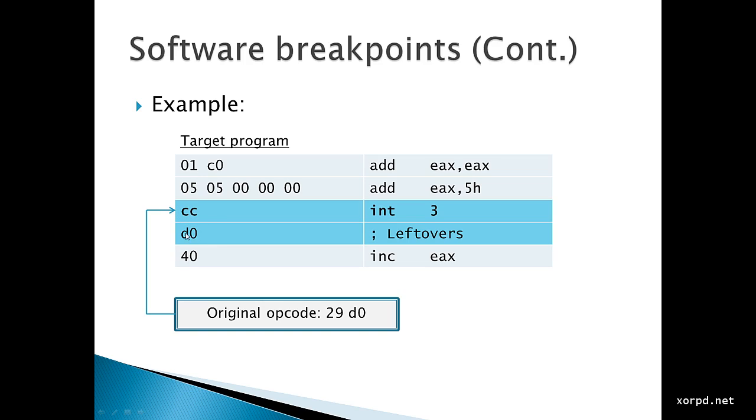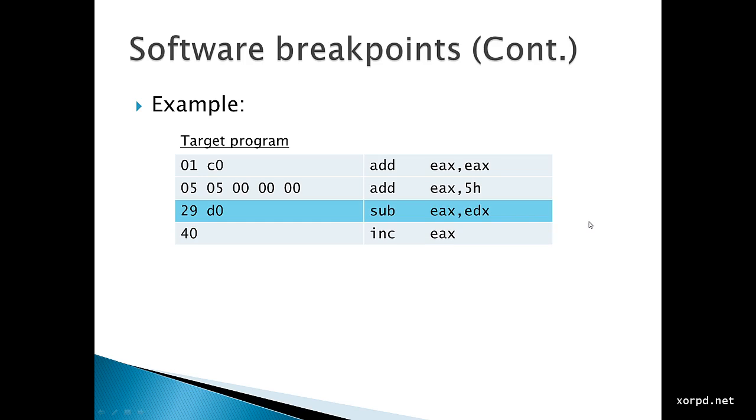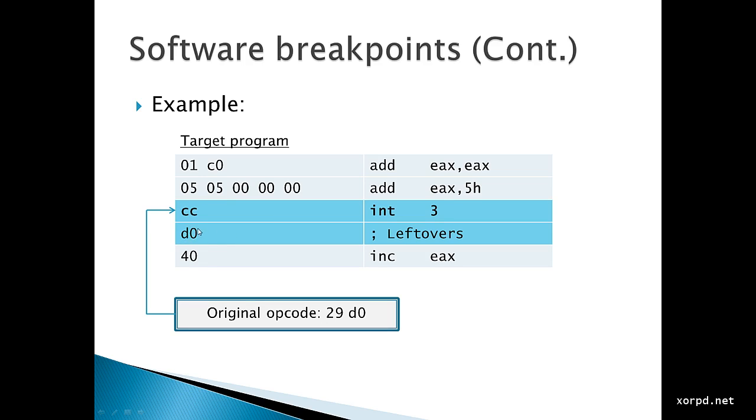We can also see that we have leftovers from the instruction that we had here before, which was sub EAX EDX. This is the D0, and we have it as a leftover here. And we don't really care about it. We only care that we have the int3 instruction, because we just want to pause at this point.